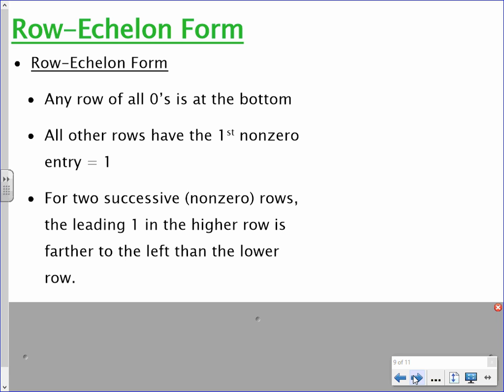All other rows, the first non-zero entry is 1. And then if a row has a 1, the row above it with a 1 would need to be further to the left.